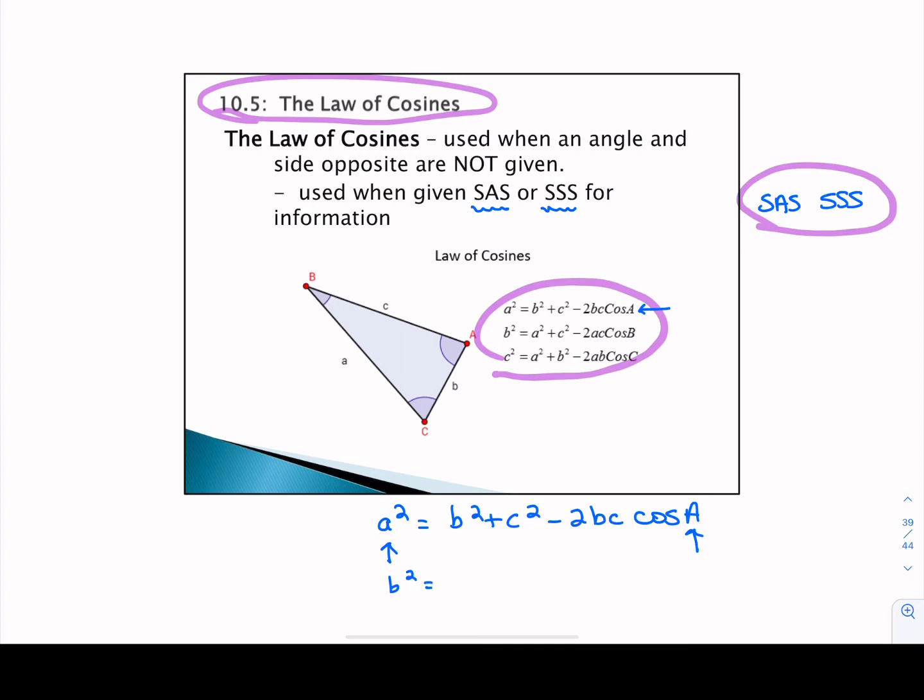You've got b squared, which is equivalent to a squared plus c squared minus 2ac multiplied by the cosine of angle B. Again, the side length and the angle that correspond with the same letter are in the same formula. So there are three different versions of the cosine law, and we're going to show you how to make substitutions and solve for different pieces.